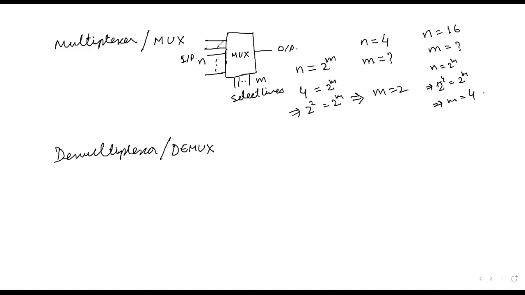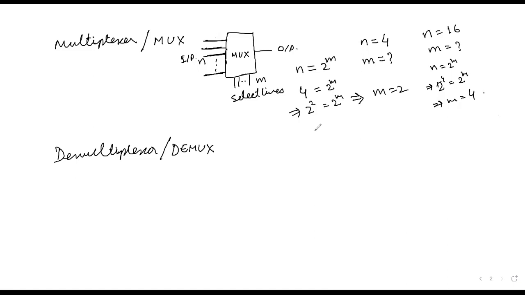Based upon the select lines, we decide which input will come to the output. Based upon the combination of select lines, we decide which input will be obtained at the output.